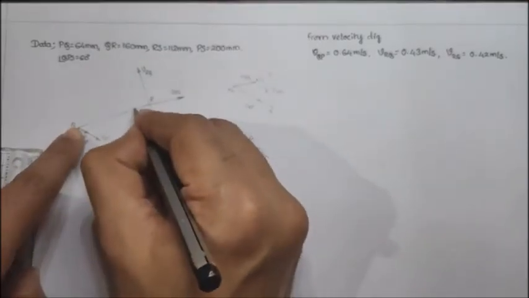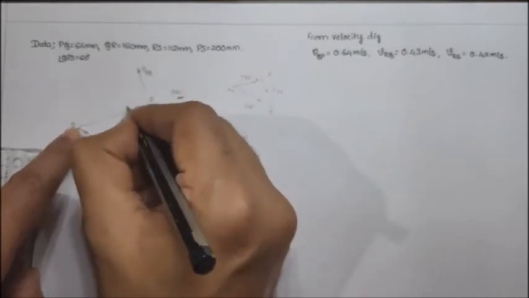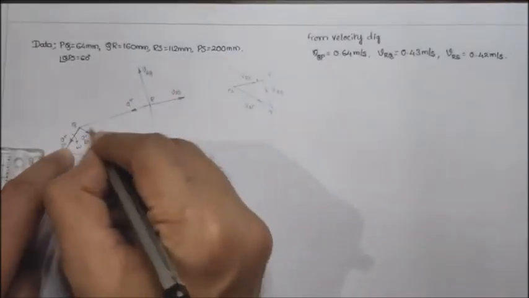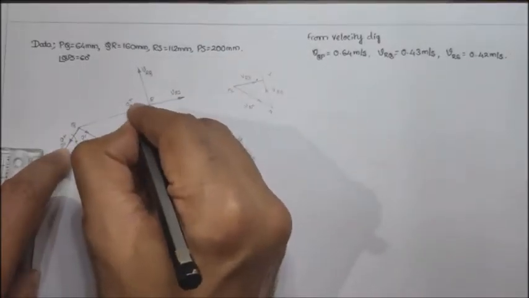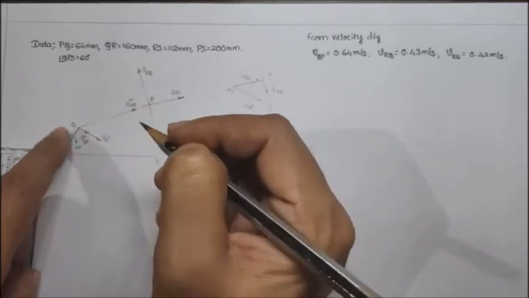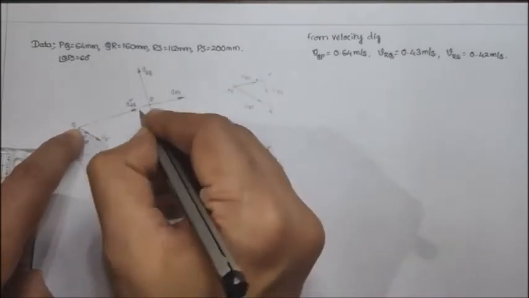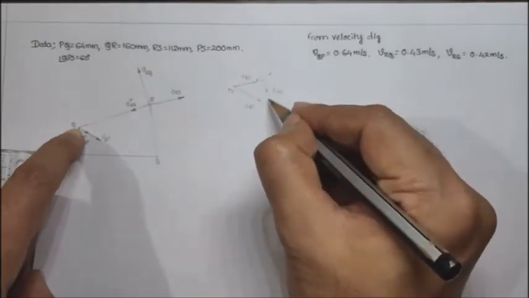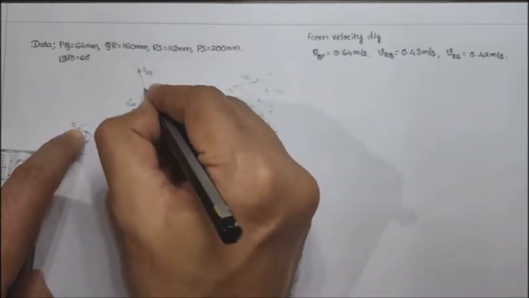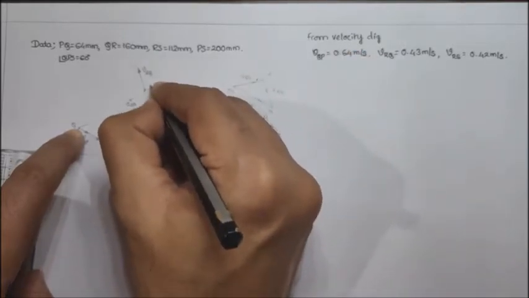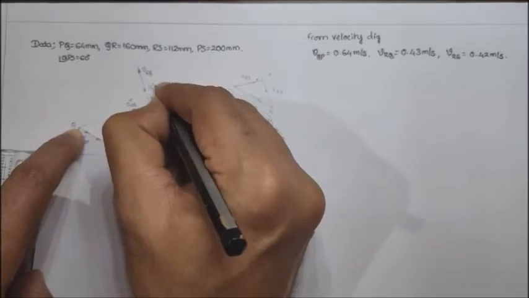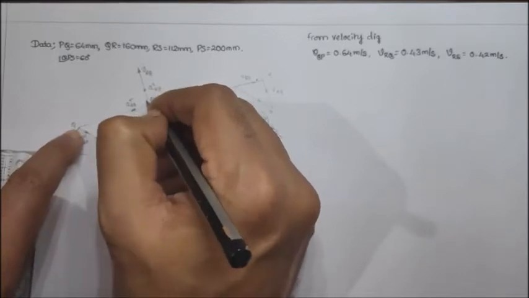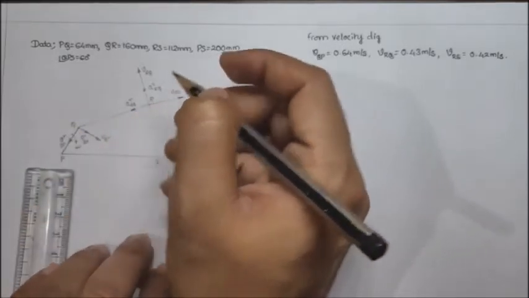So there will be an acceleration radial component similar to this one, that is R with respect to Q, and we require to find its tangential component. The velocity of R and Q we got from the previous velocity diagram, and in the same direction we will have acceleration tangential of R with respect to Q. So this is our acceleration in that particular direction.